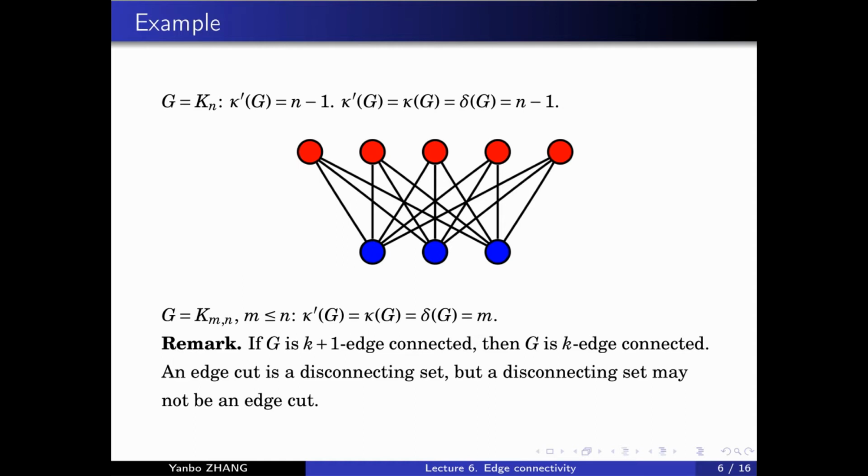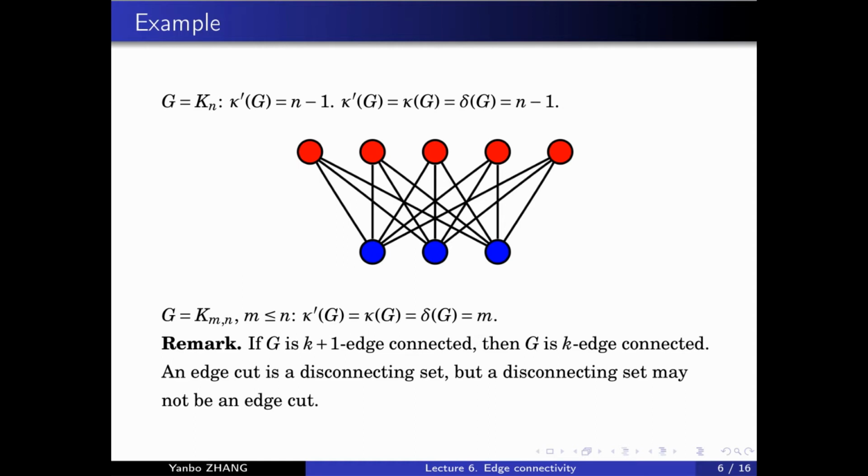The next graph is a complete bipartite graph K_{m,n}. The figure here is a complete bipartite graph K_{3,5}. Consider the red vertex in the upper right corner. There are three edges incident with the vertex.